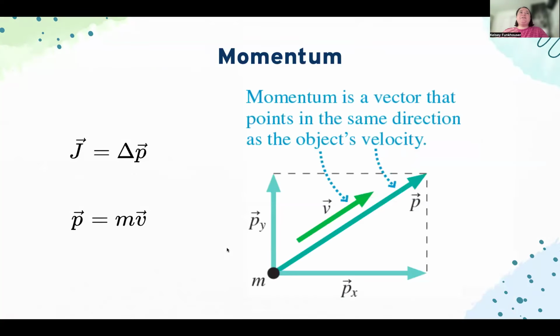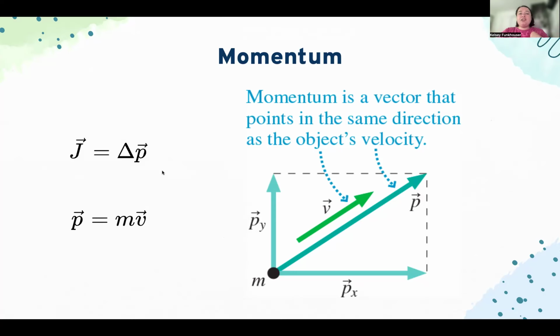So another thing about both momentum and impulse is that they are vectors. So we have to remember what we know about vectors. And so momentum is mass times velocity. Mass is not a vector, but velocity is. So momentum and velocity point in the same direction.